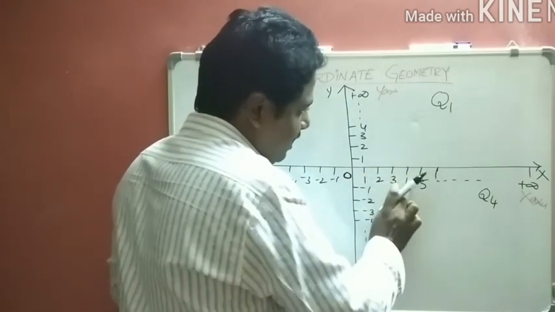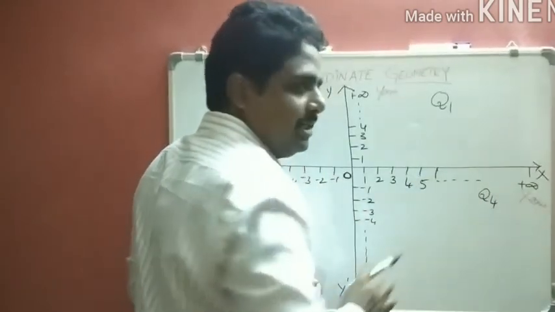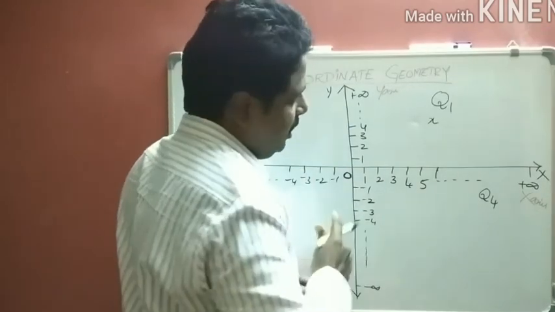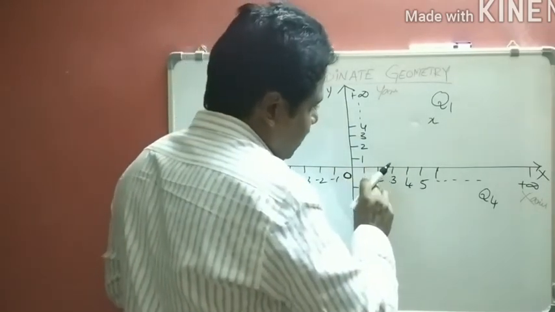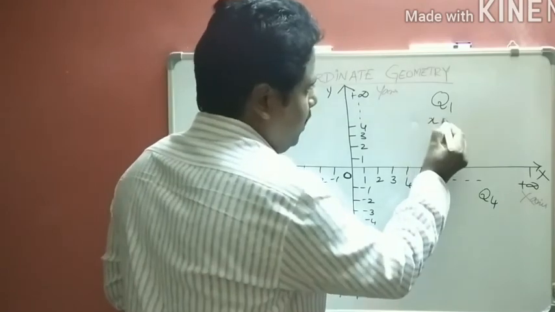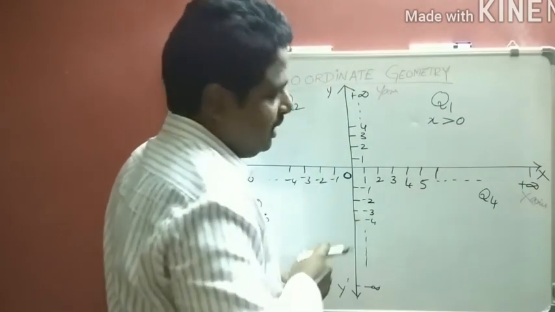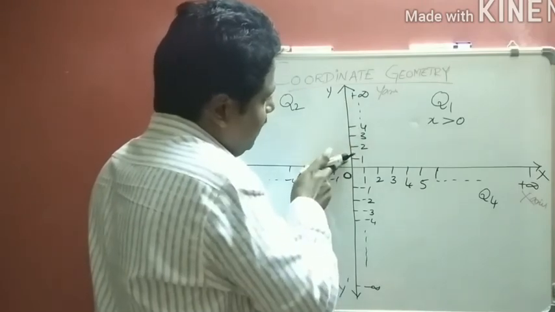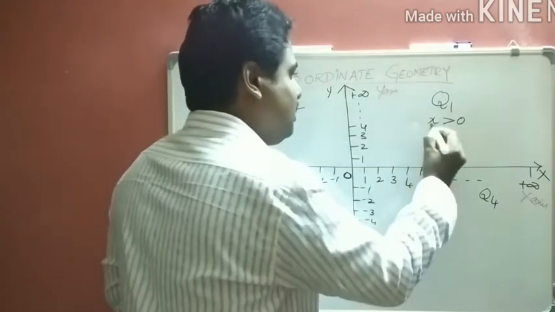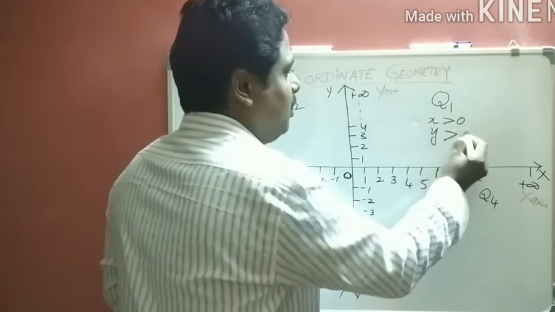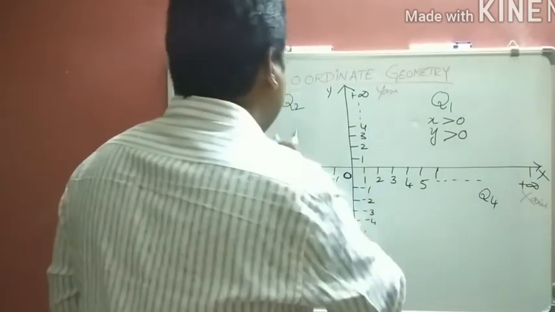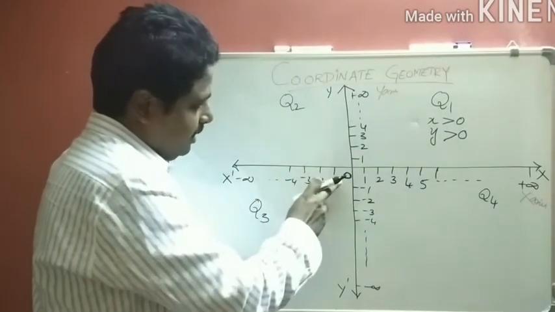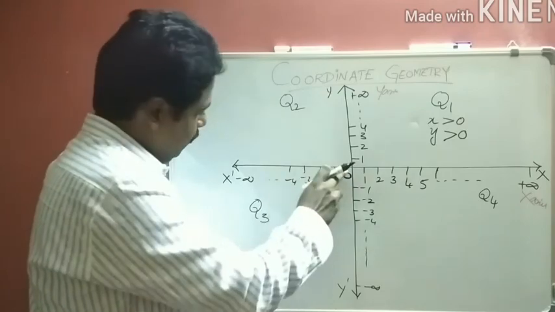These numbers represent the x-axis, so each number is simply taken as x. The numbers on O X are positive, so x is greater than 0. Similarly, what about y here? These are positive numbers on the y-axis, so y is also greater than 0.